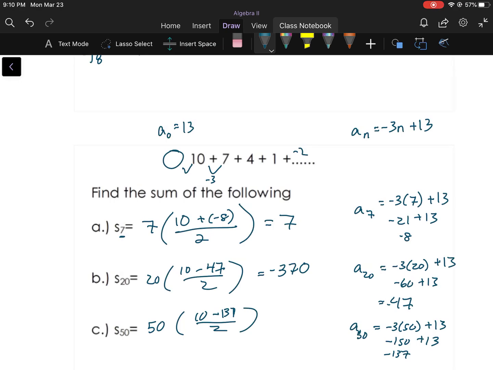So let's see, 10 minus 137 divided by 2 times 50. Okay, so a negative 3,175.